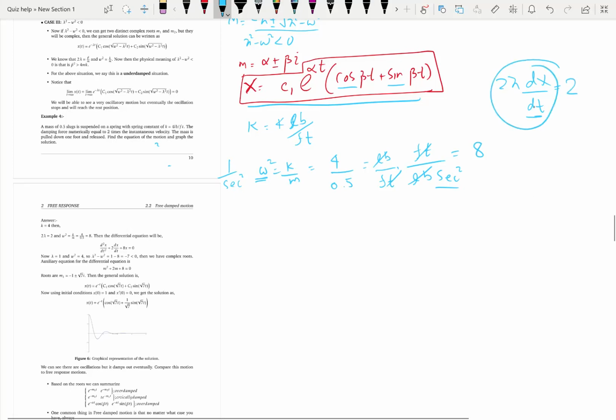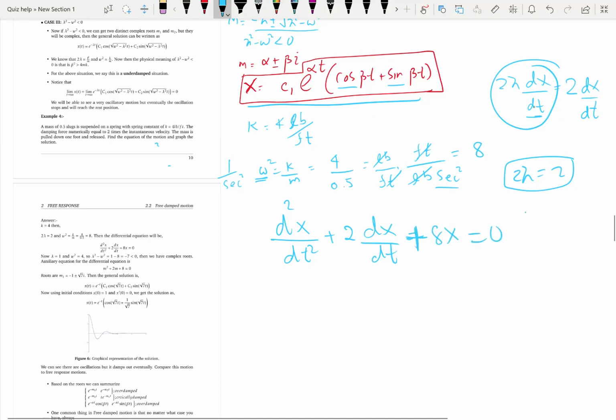So it's actually 2 times the velocity. That is what it means. Or 2 lambda is 2, that is another way to put it. So your differential equation is 2 lambda is 2, so dx over dt, w square is 8, so plus 8x equal to 0. So that is the differential equation.